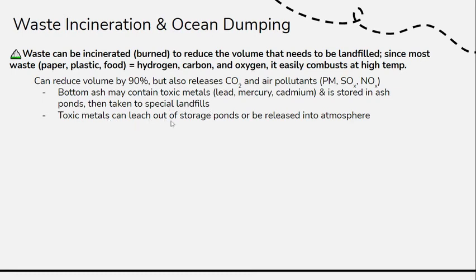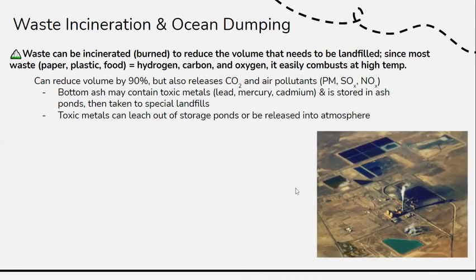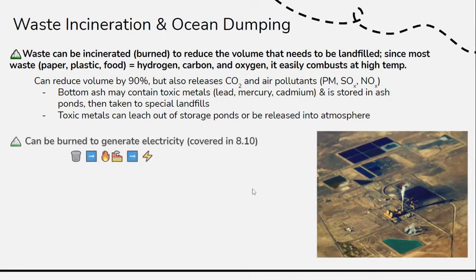And the toxic metals, again, same as always, can leach out of what we call storage ponds. Just like we have coal ash ponds, we also have trash ash ponds. All right, and these storage ponds can, if they're not properly lined, all this material can leach into our groundwater or just be released into our atmosphere through evaporation, right? Or through burning and attaching to particulate matter.